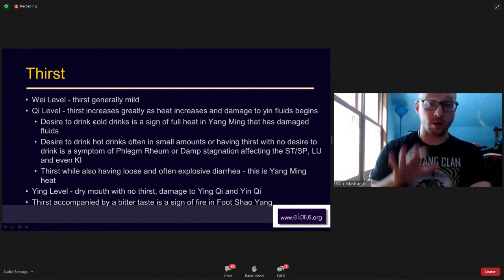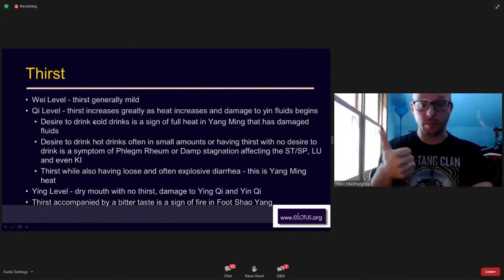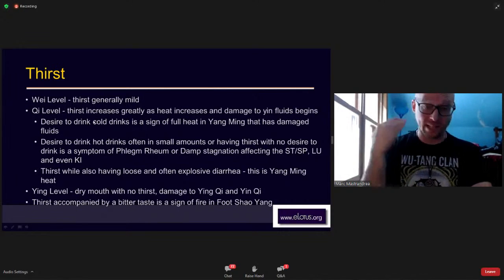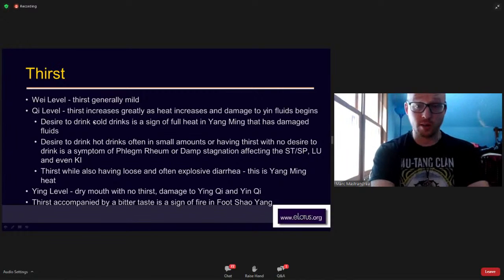So adjust your understanding of thirst and Yangming. If they still have replete heat, you'll probably still see thirst. If it's just deficient heat, you probably won't see as much thirst, but they still have to drink warm water, fluids, warm broths, things like that.